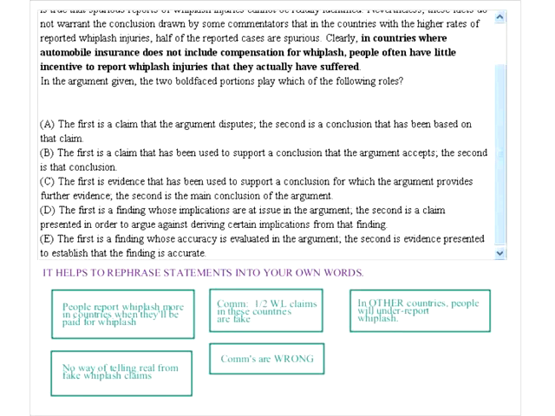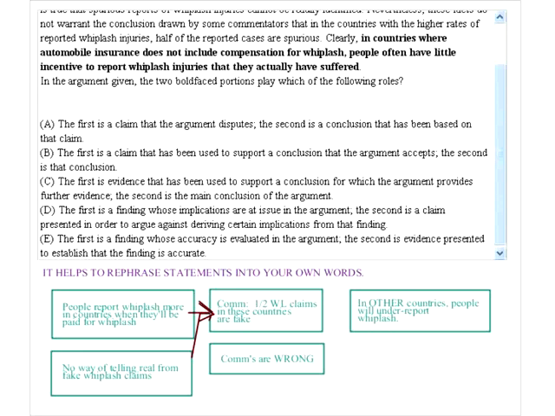Okay, I'll give you an idea of how this argument is structured. The commentators claim that one half of these claims are fake. There's twice as many claims in these countries, and that's the basis for the commentators saying that. On top of that, there's no way of telling real claims from fake whiplash claims.